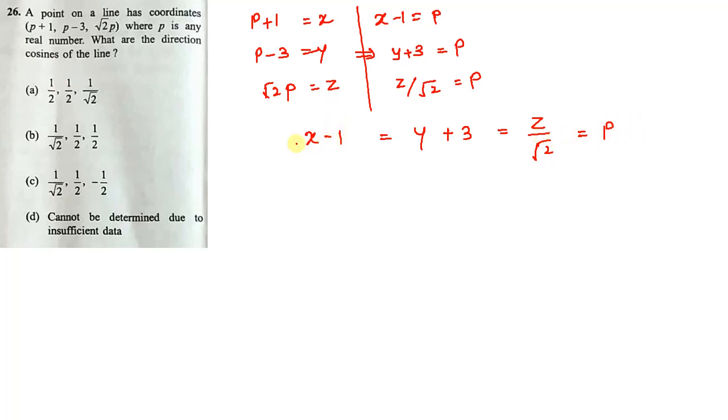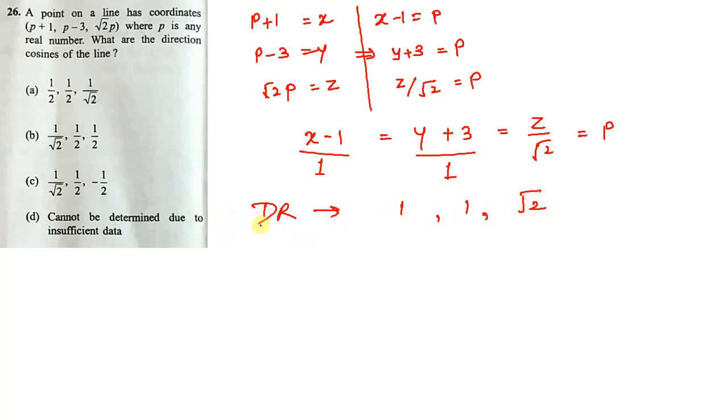So we can write this in the Cartesian form of a line. Taking observation, the direction ratios of this line are 1, 1, √2.